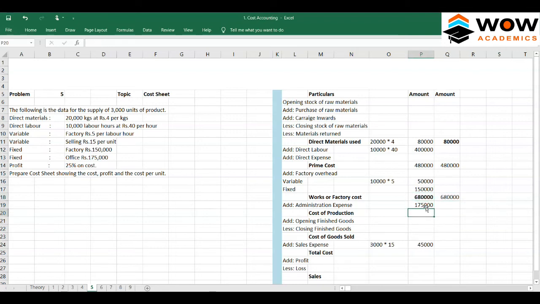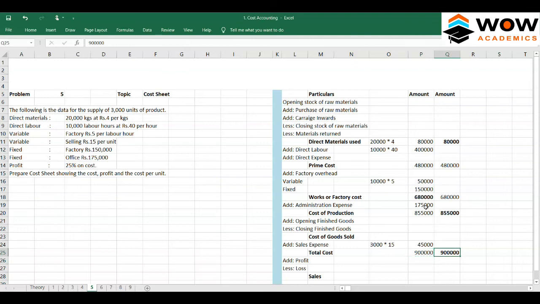We have administration expense. So put together it comes to 8,55,000. Then we don't have cost of goods sold. We have selling expense. So selling expense and cost of production comes to 9 lakhs. Okay, it comes to 9 lakhs.